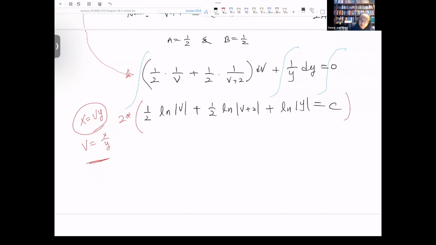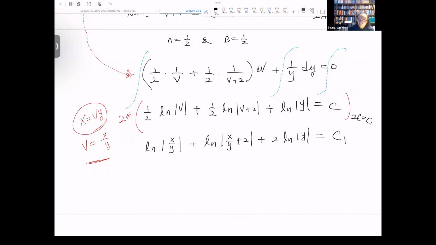That means now we have ln of x over y plus ln of (x over y plus 2) plus 2 ln y equals c1.